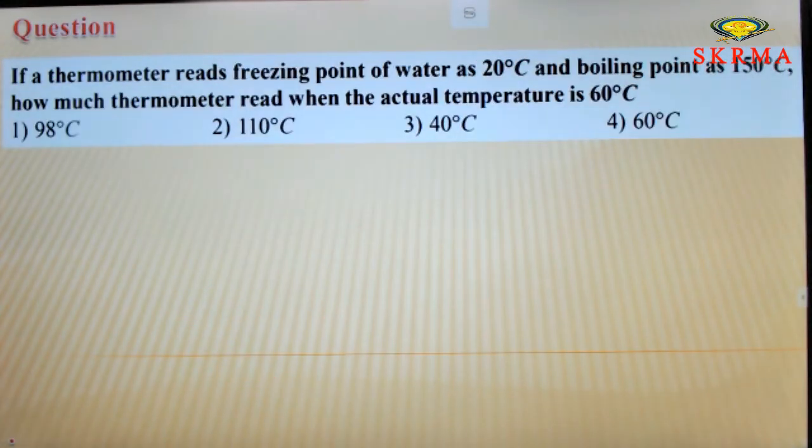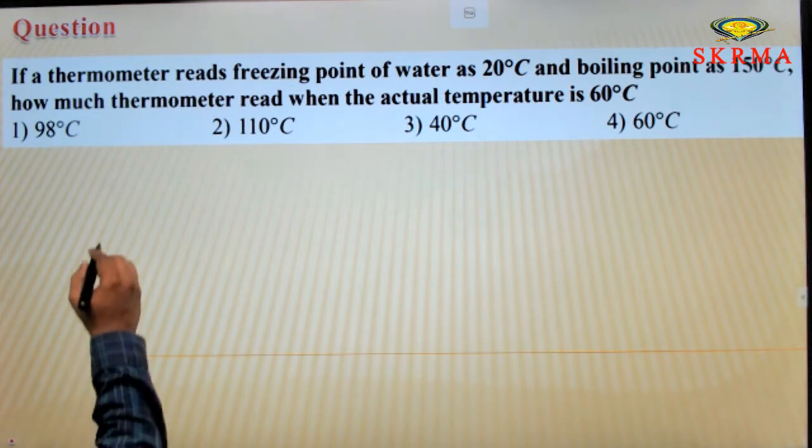Next one. If a thermometer reads the freezing point of water as 20 degrees centigrade and the boiling point of water as 150 degrees centigrade, what does the thermometer read when the actual temperature is 60 degrees centigrade? So what formula do we need to use?